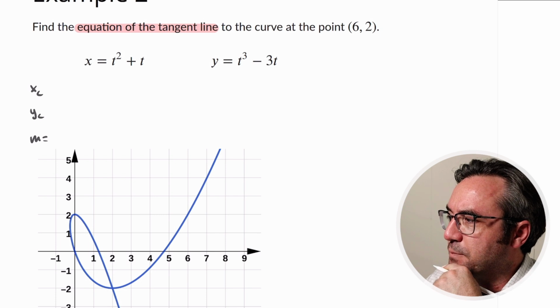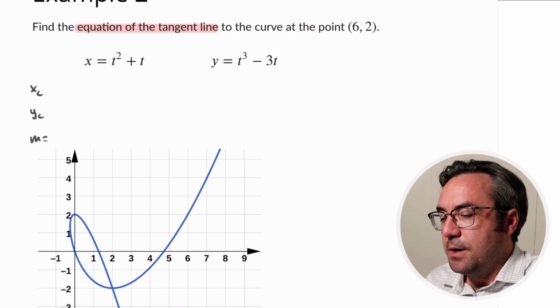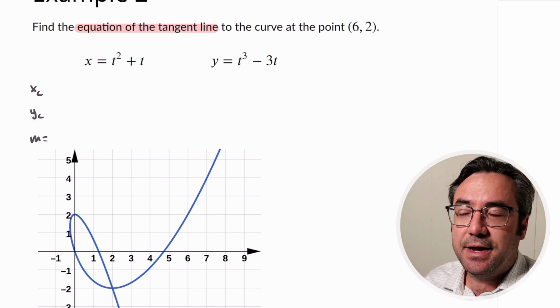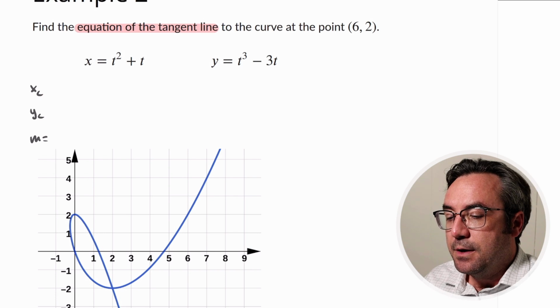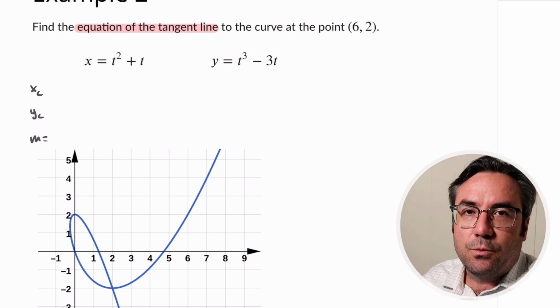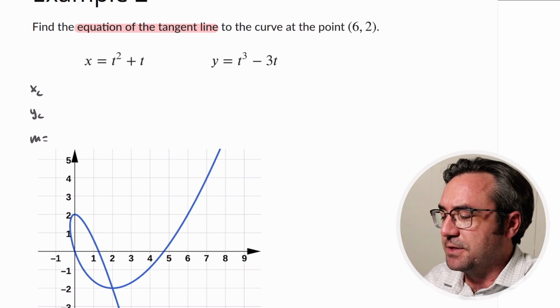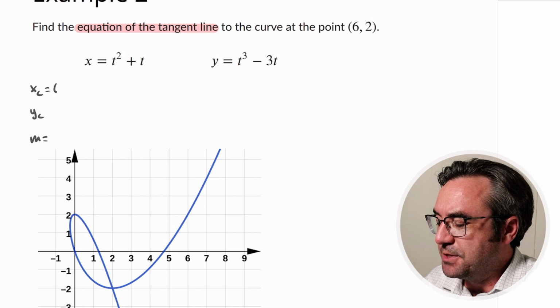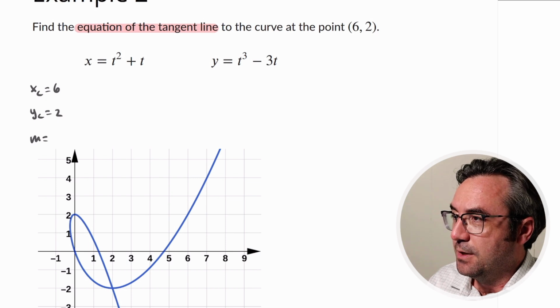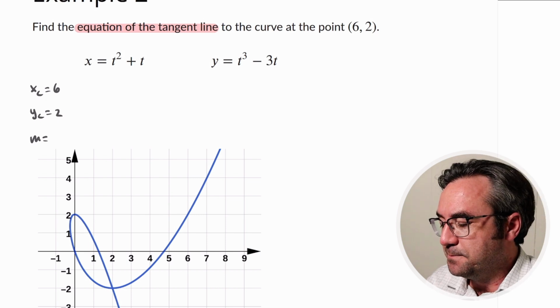Sometimes we might have to find the x value, sometimes the y value. In this case, though, we're given the point, essentially where our particle is. So the x-coordinate here is 6. The y-coordinate is 2.